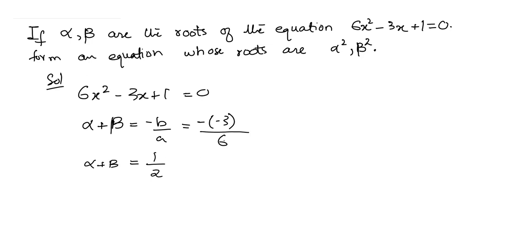So now we have to calculate the product of the roots, alpha times beta, and we know that its formula is simply c over a, and it will be 1 over 6. So yeah, we have the sum of roots and product of roots of the given equation.